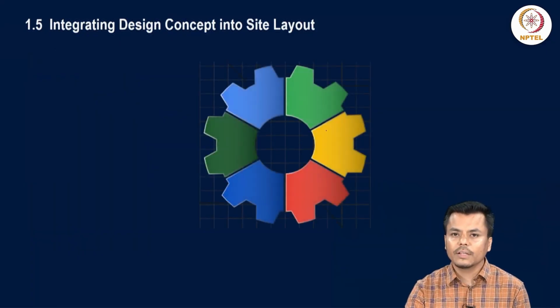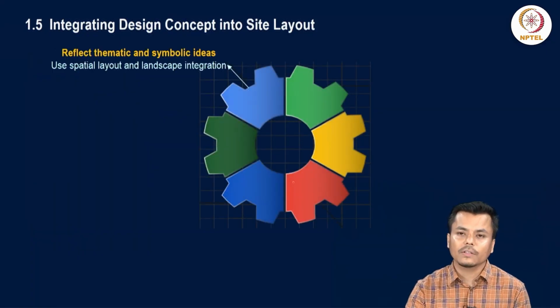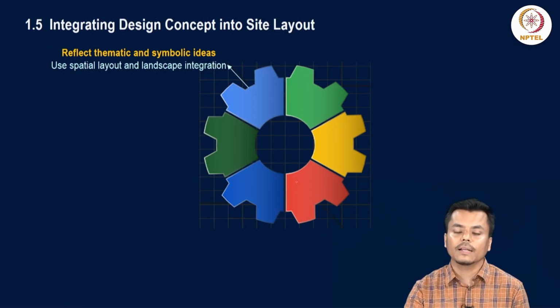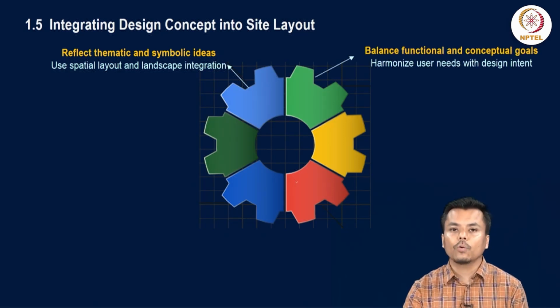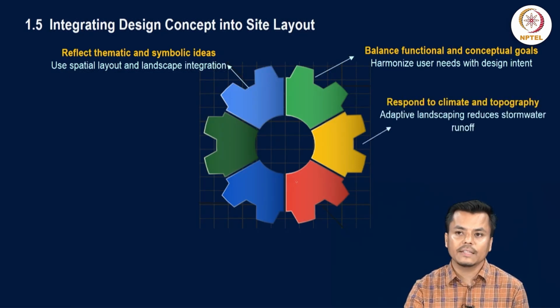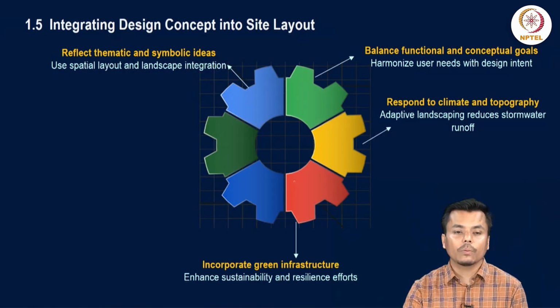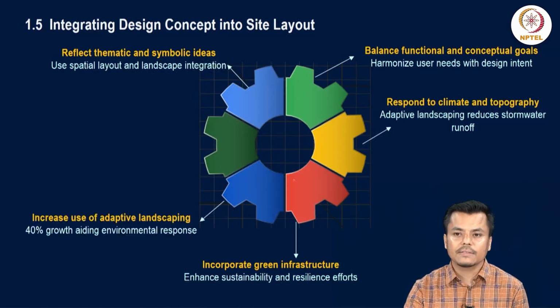Then, on this particular note, there are other factors to keep in mind: reflect the thematic and symbolic ideas, that is use spatial layouts and integrate landscape within the project; balance functional and conceptual goals, where you harmonize user needs with design intent; respond to the climate and topography, that is adaptive landscaping reduces the stormwater runoff from your site; incorporate green infrastructure to enhance sustainability and resilience efforts.